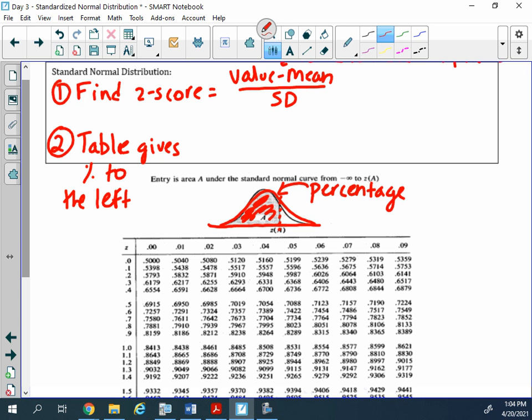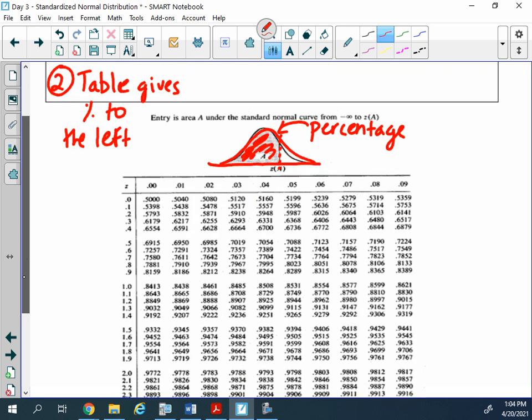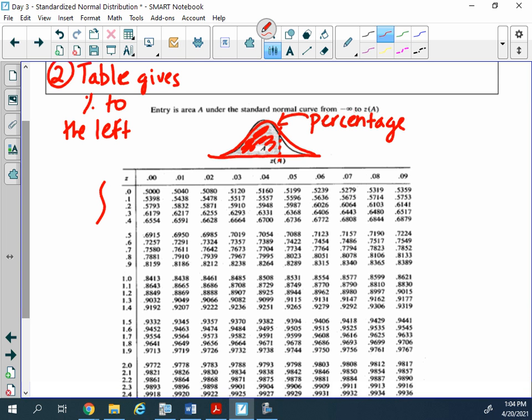Now, how do we read this table? Well, it gives us the z-scores on the left-hand side, but that's only up to the 10th place. If we need the next, which is the 100th place, then we go there.